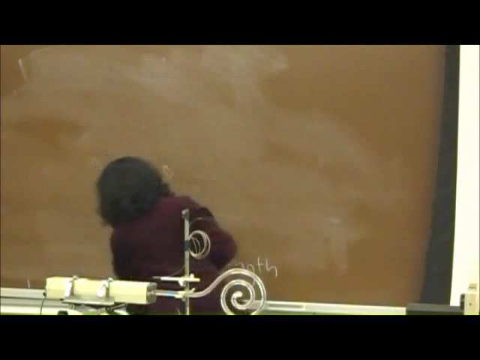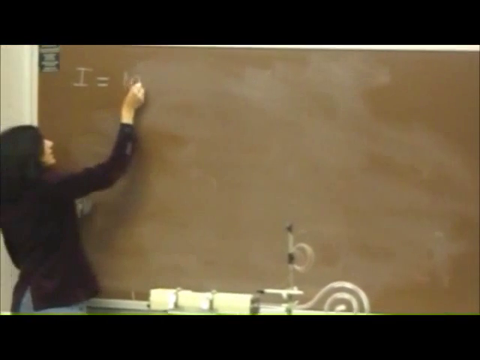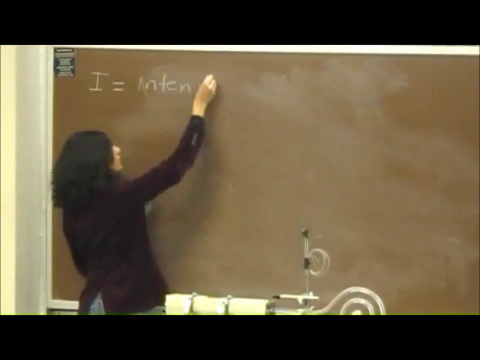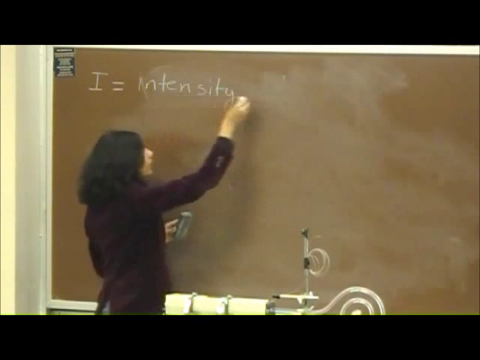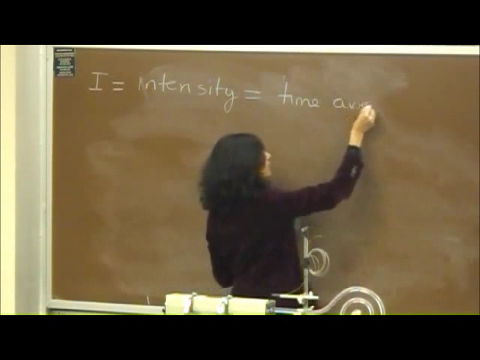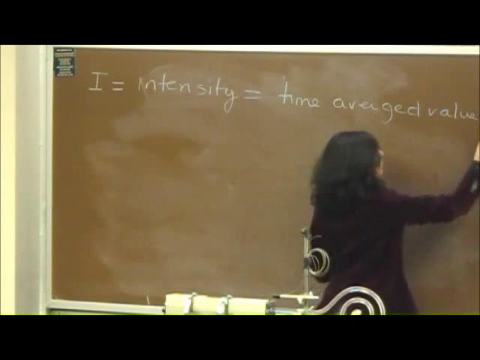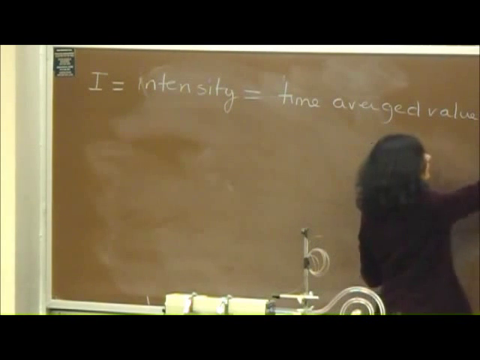Because it's a very important thing. It's called the intensity of the electromagnetic wave. So I, which is called the intensity of the electromagnetic wave, is really the time average value of S, the magnitude of S.